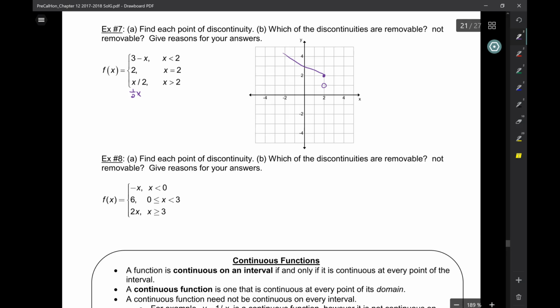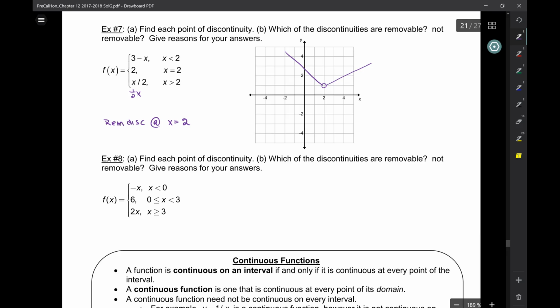And then at x equals 2, this is a 1, and it's open. All right, so where is there a point of discontinuity? At x equals 2, and that's a removable discontinuity at x equals 2.